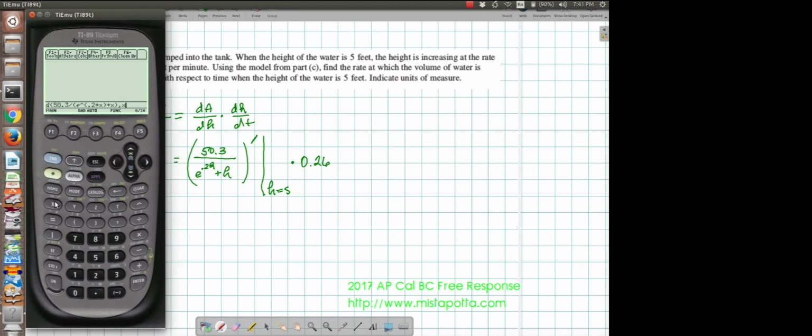And I want to take this with respect to x, close parentheses, at x equals 5. And then whatever I get from that calculation, I'm going to want to multiply by 0.26.